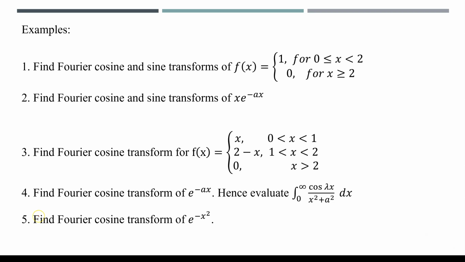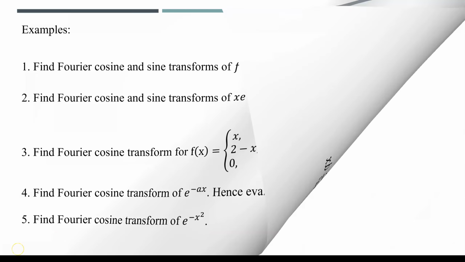Now, here I have listed 5 examples on Fourier cosine transform, but in the first 2 examples, we are going to find both Fourier cosine transform as well as Fourier sine transform. Now, let us see these examples one by one.